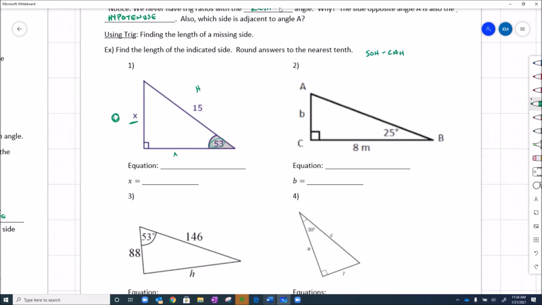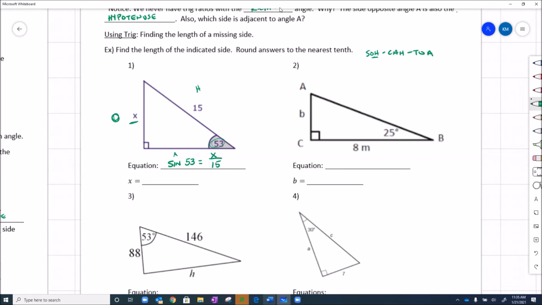Look at here so I can reference it later. Since I want to know the opposite and I know the hypotenuse, the only ratio that has opposite and hypotenuse in it is sine. So I know I'm going to be using sine here. Instead of saying angle A or angle B, I know this angle measure. Sine of 53 equals the opposite, x, over the hypotenuse, 15.